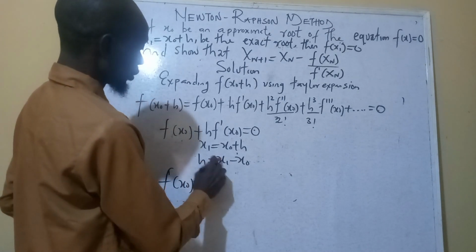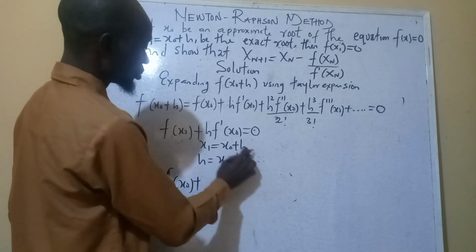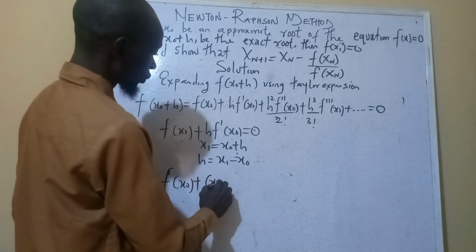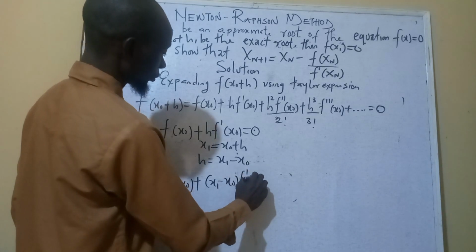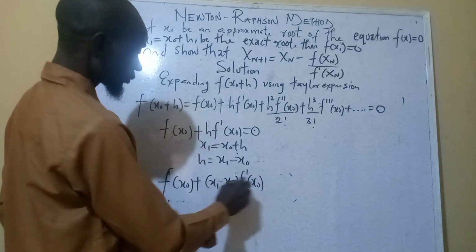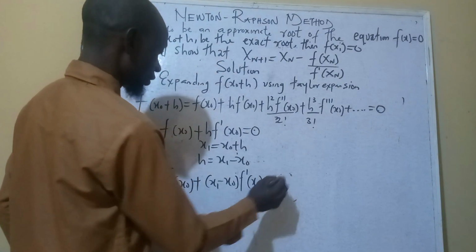So wherever you see your h, just input this value there: x1 minus x naught times f prime x naught, equal to 0.